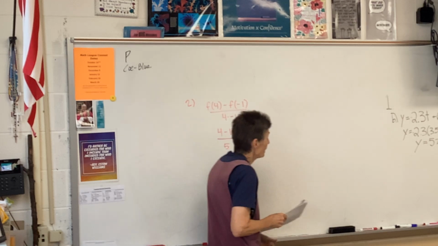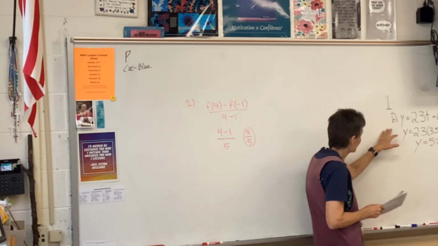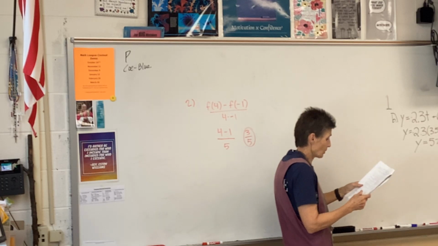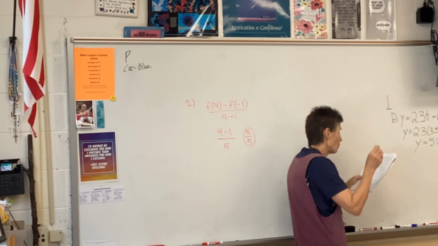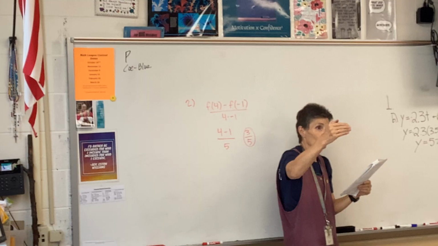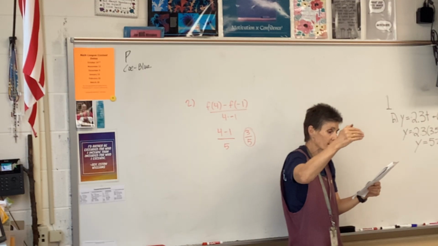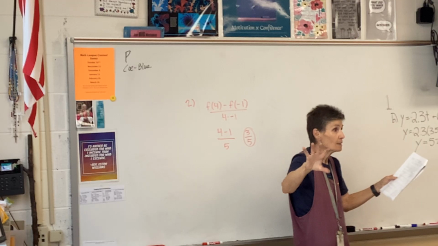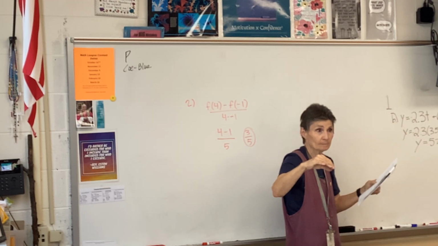I like it. All right, this guy, question says, this is 1B. We had done part A already, if you remember that from before, and we'd gotten that the average rate of change on the whole interval was negative 2.3.